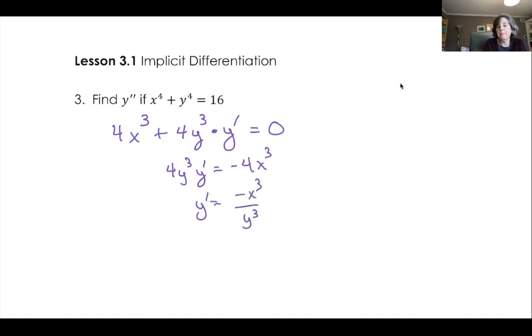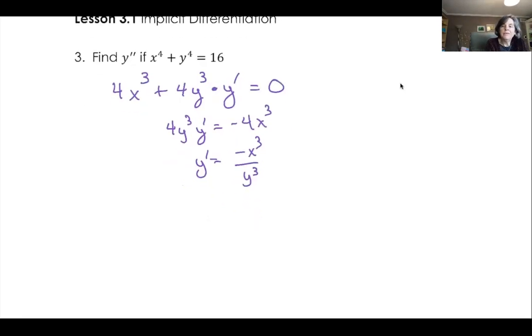So there's y prime. Now, since I have y prime, to find the second derivative, I can just differentiate normally. Okay, I don't have to use implicit differentiation on this because I have it solved explicitly for y prime, basically. Well, I'm sorry, I take that back. I guess I am because I still have a y over here. So I am going to have to think about it as implicit differentiation.